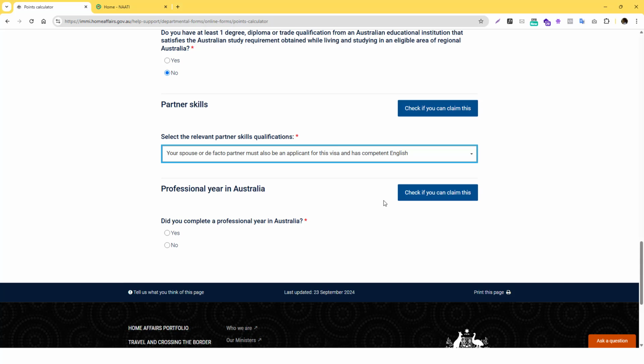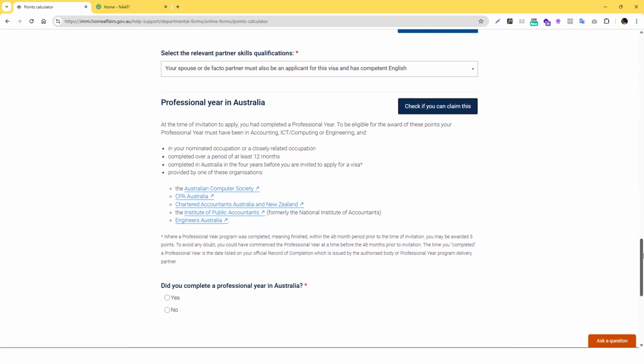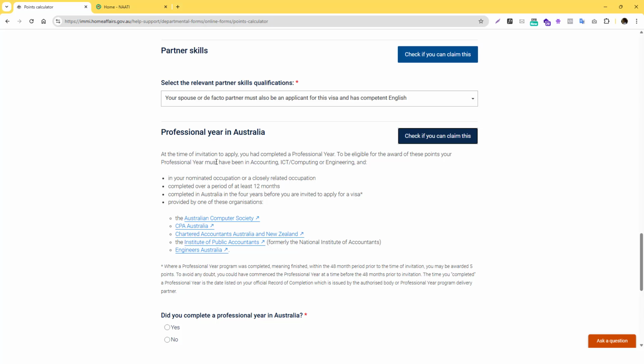And with this one, professional year in Australia, you need to be careful because for professional year, you can actually check if you can claim this. It says here that you need to study either accounting, ICT, computing, or engineering, which my course is fine.